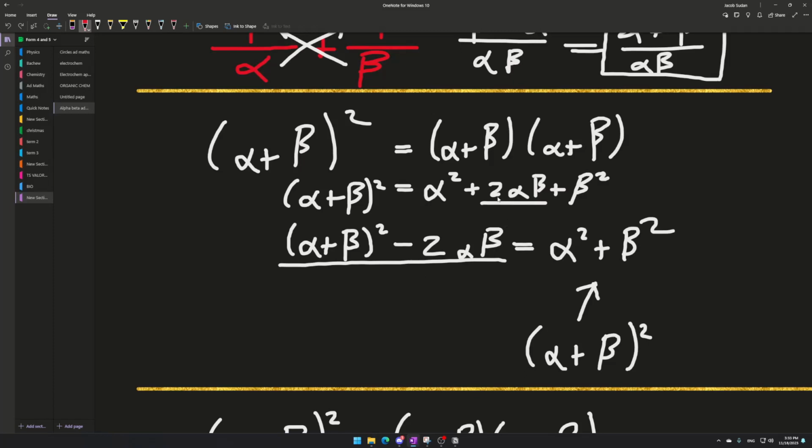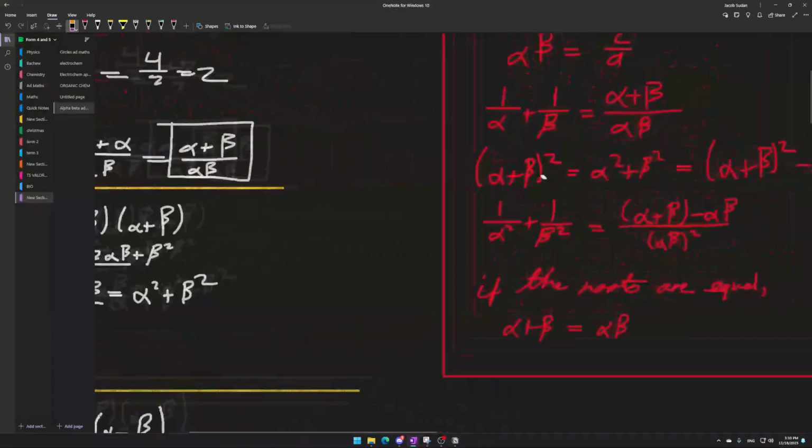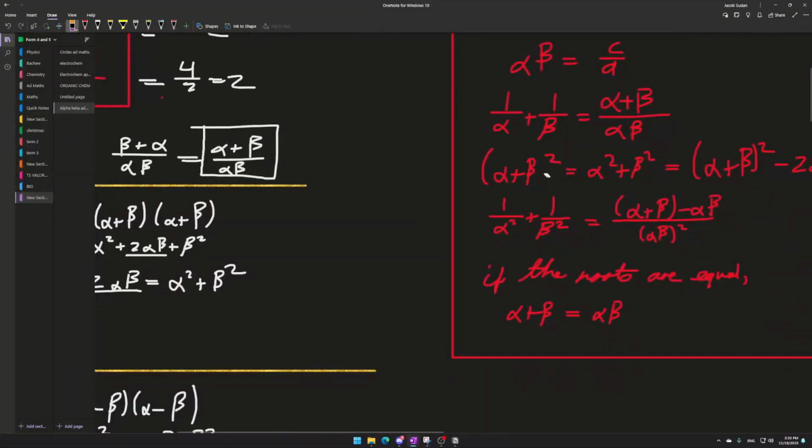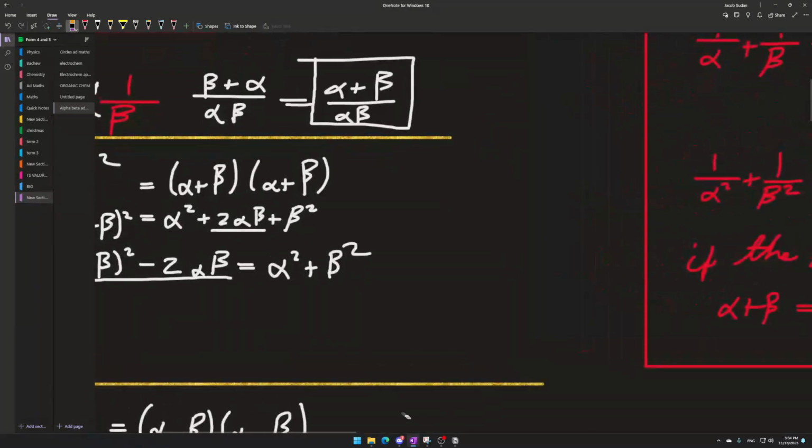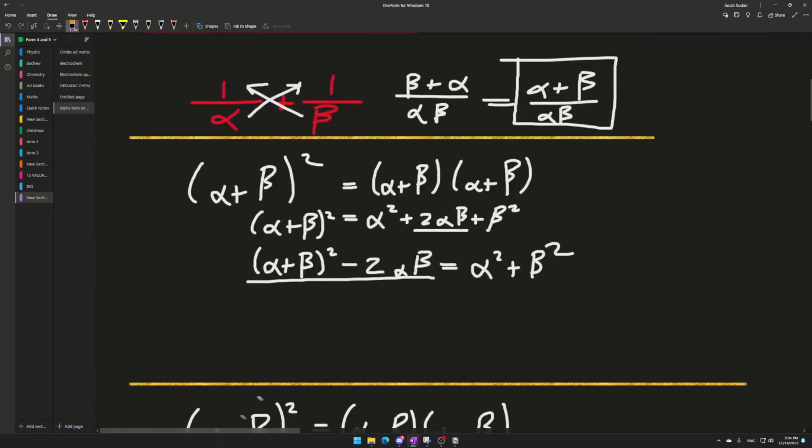We move the 2 alpha beta over, and we get alpha plus beta squared minus 2 alpha beta is equal to alpha squared plus beta squared. And that's the identity we have to know: alpha squared plus beta squared is equal to this. Okay, those are the big identities that we have to know.